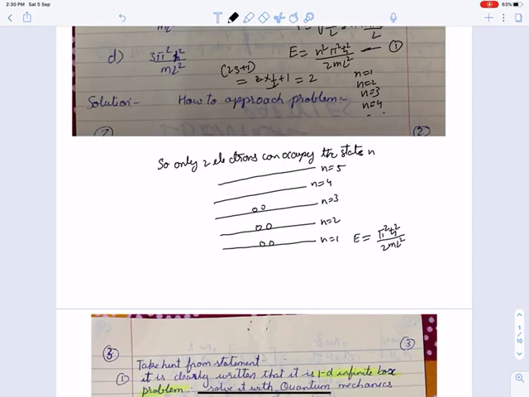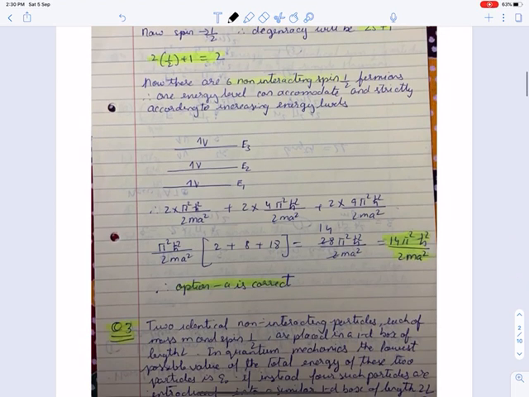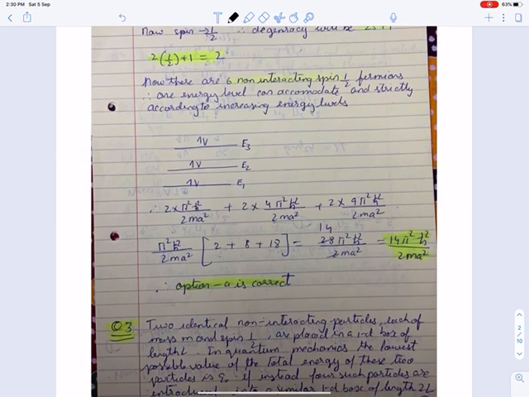There are 2 electrons, so I multiply it by 2. For n equal to 2, it is 4 pi square h cut square by 2 m L square into 2. For n equal to 3, it becomes 9 pi square h cut square by 2 m L square into 2. When I add these, I will get 14 pi square h cut square upon 2 m L square.